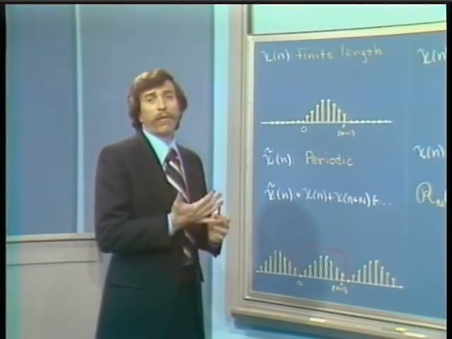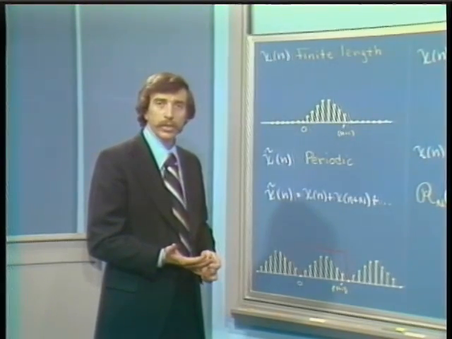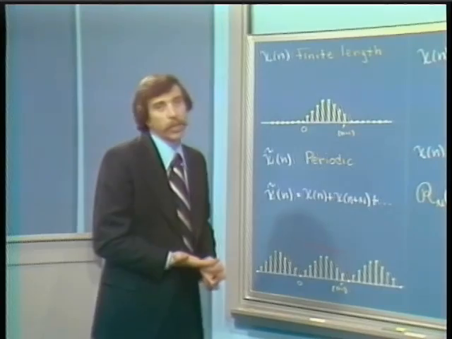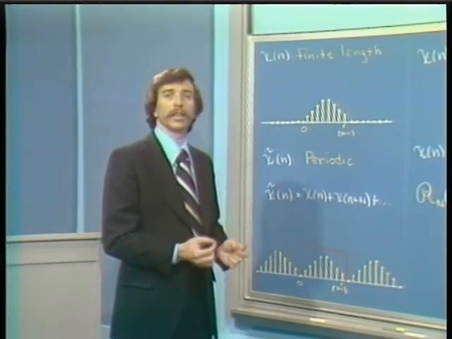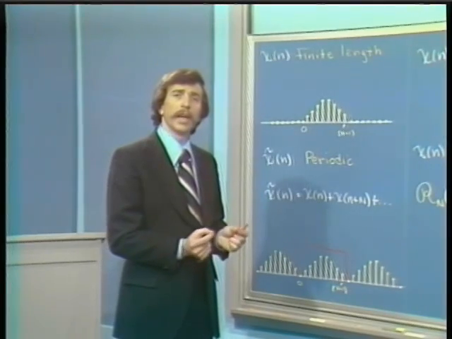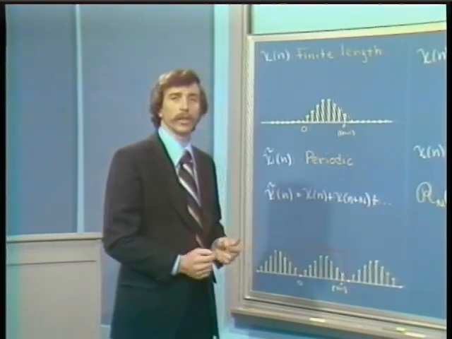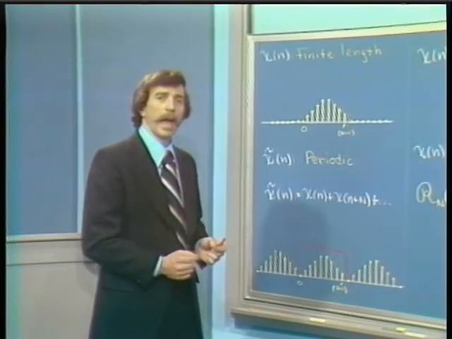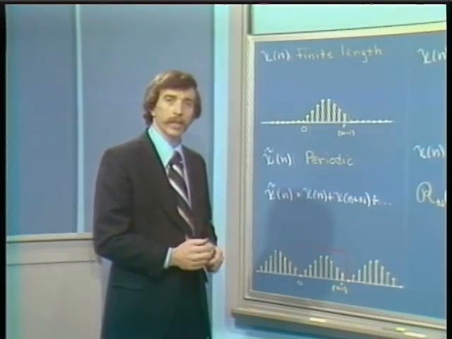That is, a finite length sequence is defined by capital N values. A periodic sequence is also defined by capital N values because once I specify a single period, then I don't have any more degrees of freedom in specifying the rest of the sequence. And that's an important point to keep in mind, particularly as we go through the next several lectures.